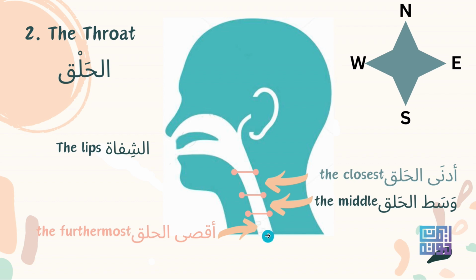Okay, so the throat as a speech organ is divided into three specific exits: aqsal halq, the furthermost part, wasat al-halq, the middle part of the throat, and adna al-halq, which is the closest part of the throat towards the lips.